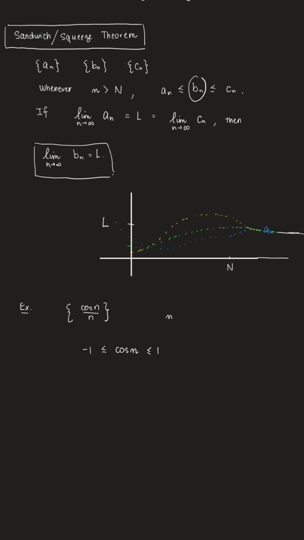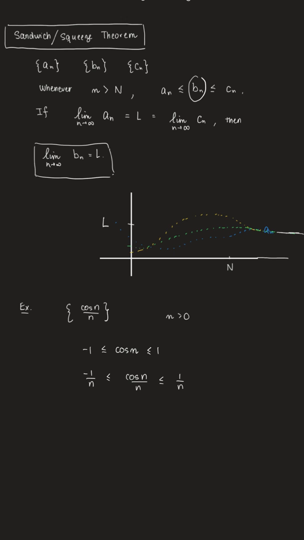Now, we assume n is greater than 0, because n is the counting numbers, right? Remember that they're the inputs of a discrete function. So they're the 1, 2, 3, 4, 5, the counting numbers. So I can take this inequality and divide everything by n. And in the middle, we have the sequence that we're interested in.